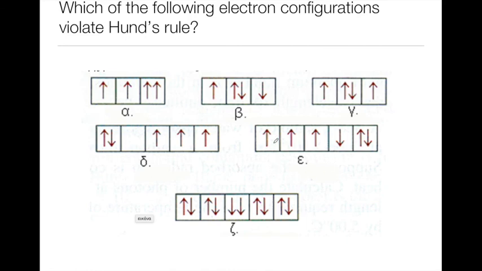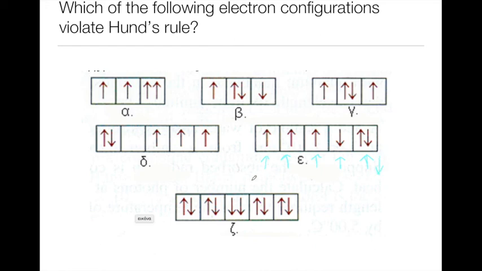One, 2, 3, 4, 5, 6. So I want to put 6 electrons, which start 1, 2, 3, 4, 5, and then the 6th one would go somewhere, but with an opposite spin.